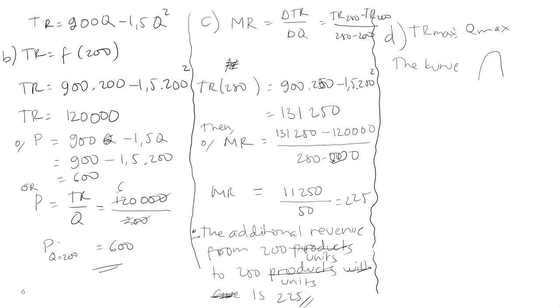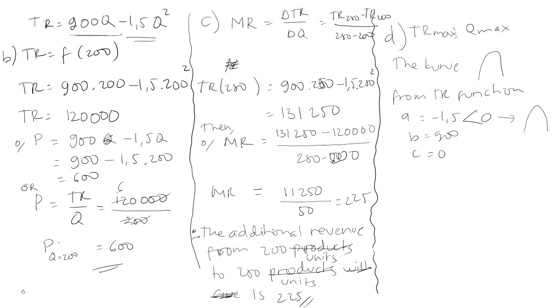Let's look at the TR function. The A is minus 1.5, B is 900, C is 0. So A here is negative, which means the curve will be downward, concave.